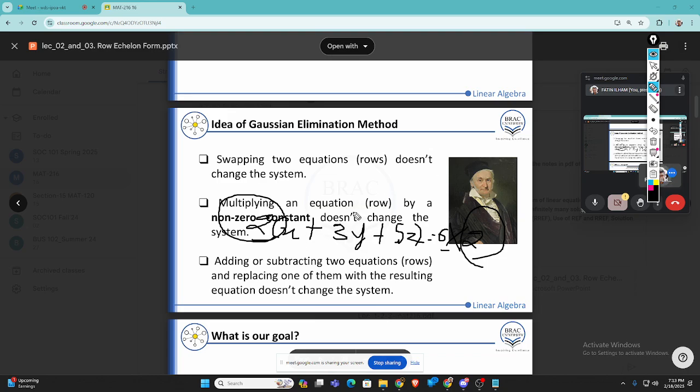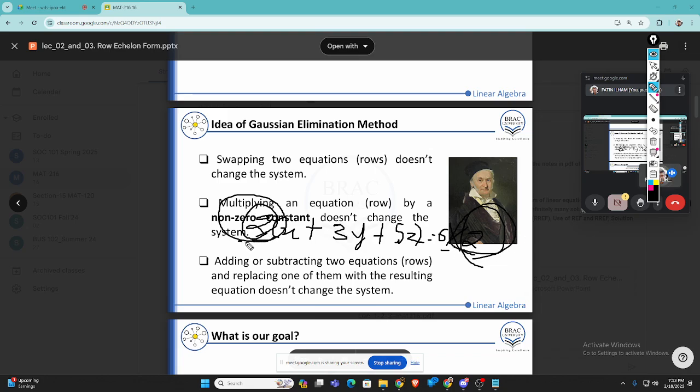That's what Gauss said. It's common sense actually. I'm multiplying both sides by a non-zero constant, so nothing is really changing.